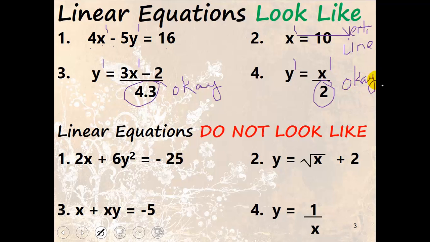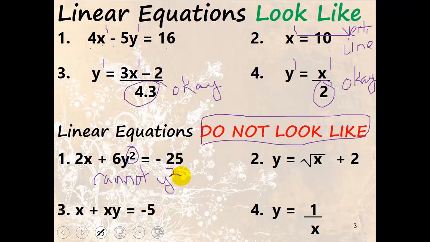These examples down here are what linear equations do not look like. 2x plus 6y squared. I cannot have y squared. Y equals the square root of x plus 2. This is like x to the 1/2. I cannot have a power of 1/2. It can only be 1.